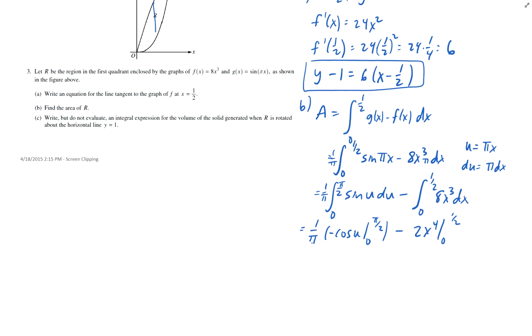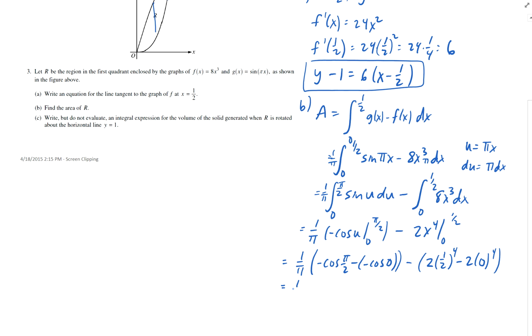If I scroll up, I've got 1 over pi times negative cosine of pi over 2 minus negative cosine of 0, minus 2 times 1/2 to the 4th minus 2 times 0 to the 4th.